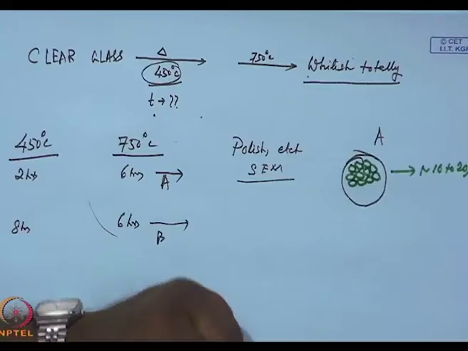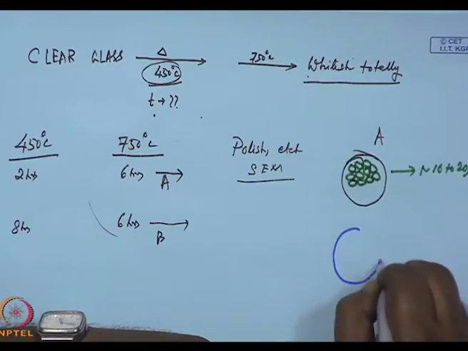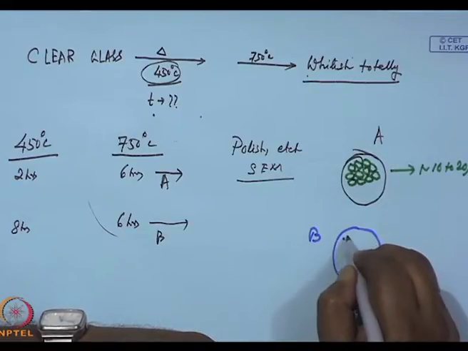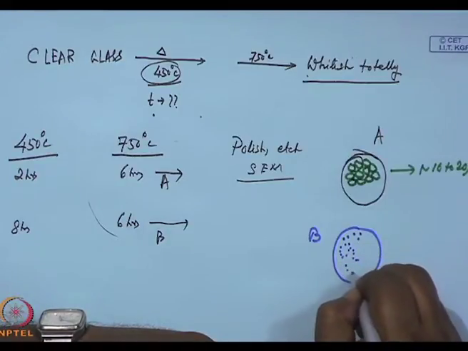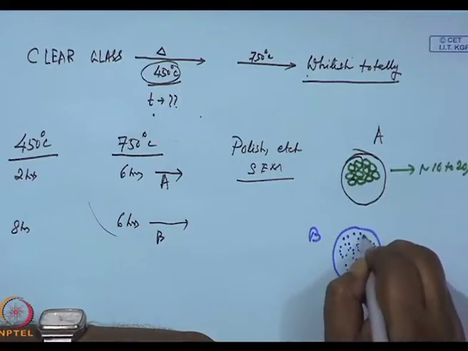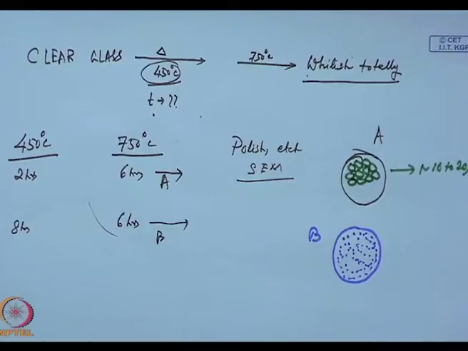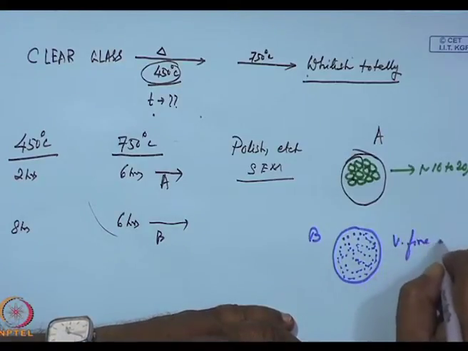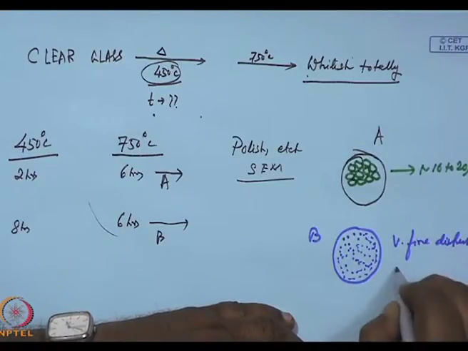In this particular case, what would I see? In case of B, very fine dispersion in matrix.